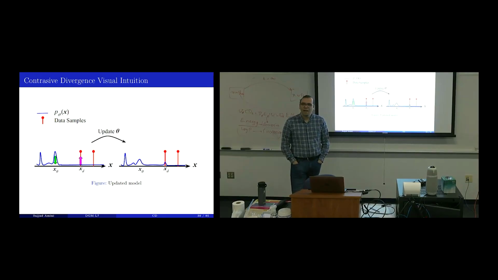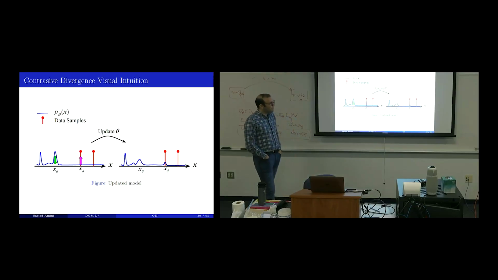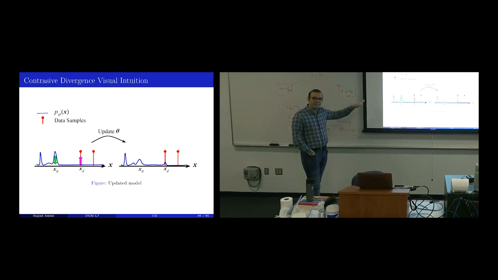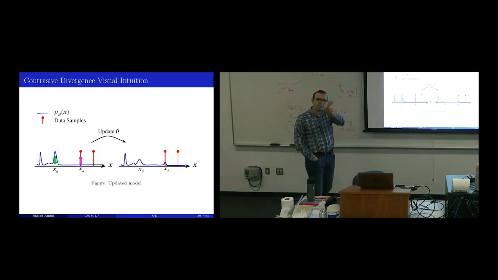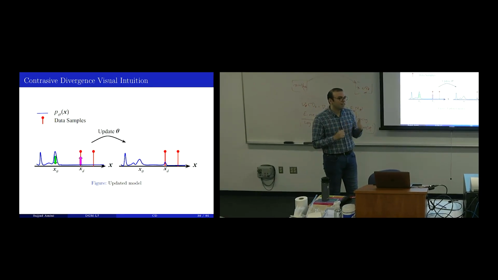Can we say that for any point other than XD, after the update, the density is decreasing? It depends. For example, on how many samples you are using to take the gradient, to take the expectation. Here I just use one sample from each of them. So instead of just focusing on your true data samples and increasing the likelihood there, you at the same time increase the likelihood there, but decrease the likelihood at the other points where the model was previously giving high probability.